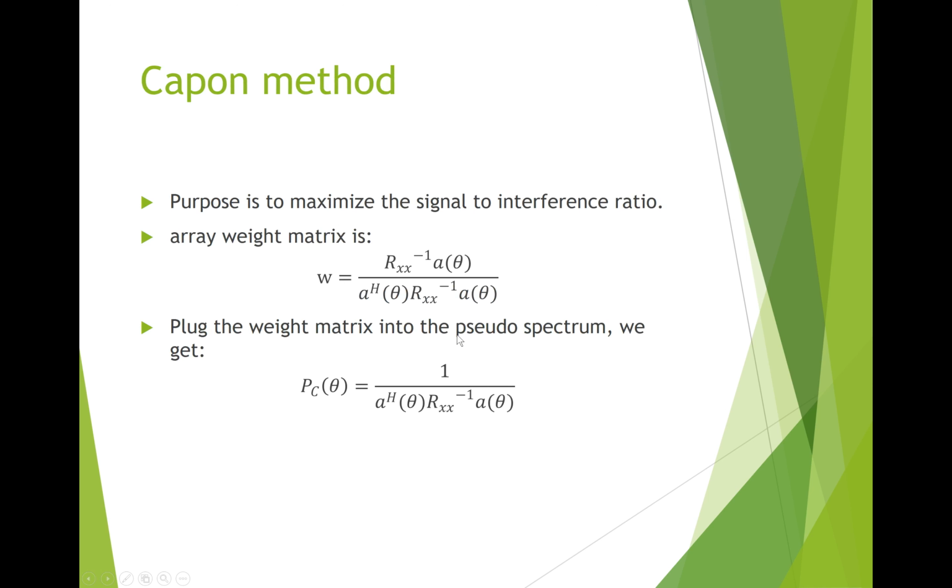And the second method is the Capon method. The purpose of this method is to maximize the SIR, and the array weight matrix can be computed by this form, and we plug the weight matrix into the pseudospectrum. We can get the pseudospectrum like this.